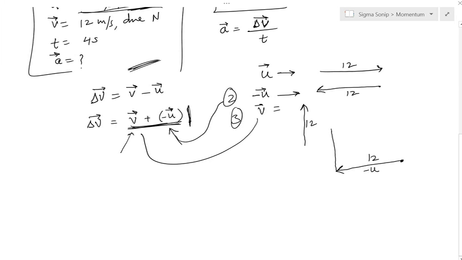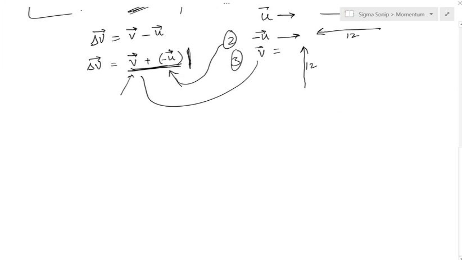It's getting congested here, so let me scroll a bit down. Again, just to repeat, I am adding vector 2 and vector 3, and that will give me delta v. So let me draw. This is my vector number 2, which has length 12, and this is minus u, and again drawn in the wrong place because I need to go up, so let me draw it here.